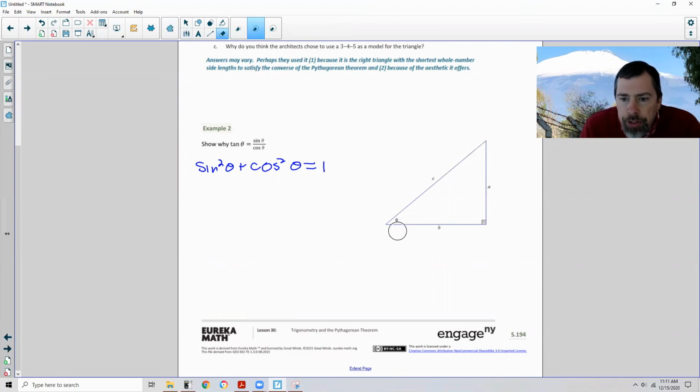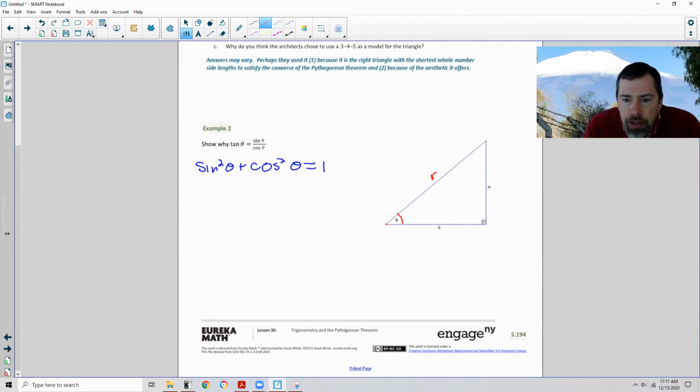here is a right triangle with theta in the corner here, bottom left angle. Theta is the reference angle, so adjacent is here, which is cosine. So instead of A, B, and C, let's call C R, because we think of that as the radius of a circle.